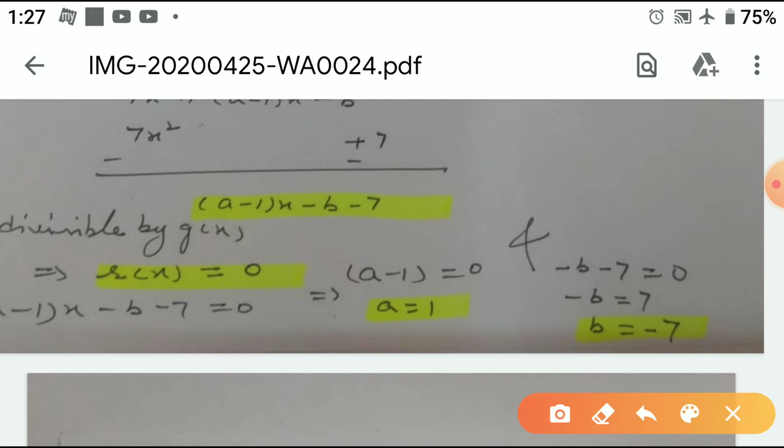This minus b and minus 7 should be equal to 0. Only then the remainder will be 0. Clear? So we write minus b minus 7 is equal to 0. Now the value of b comes minus 7. So a is 1 and b is minus 7.